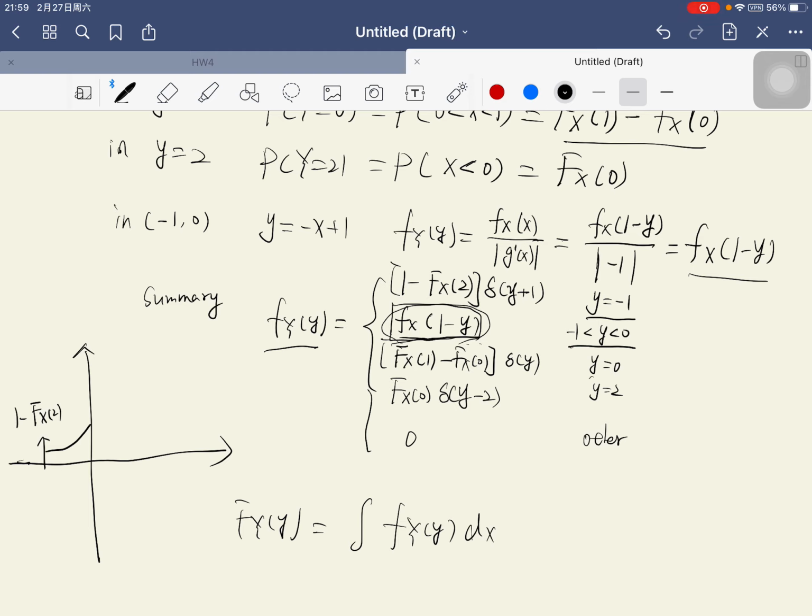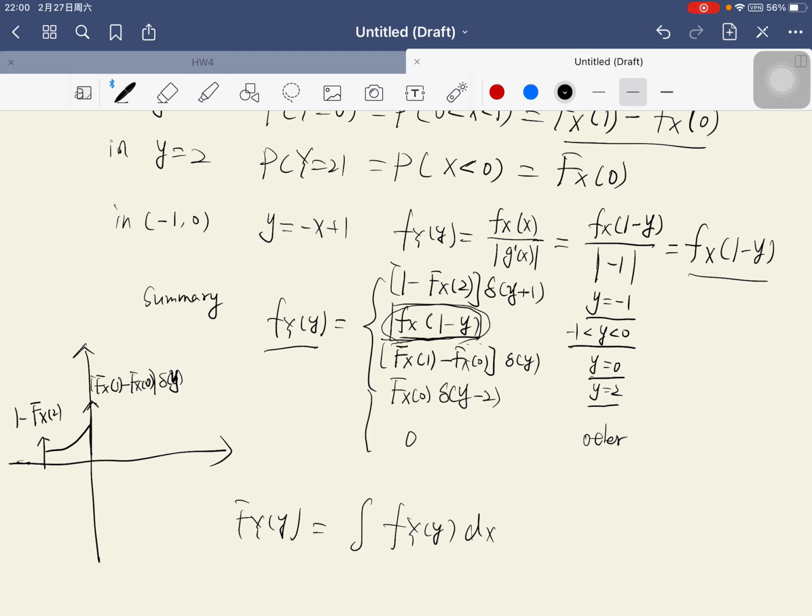And when y is equal to 0, it is also an impulse. The impulse value is equal to the distribution function of x at value 1 minus the value at 0, times delta(y). And there is also another impulse at y equal to 2.